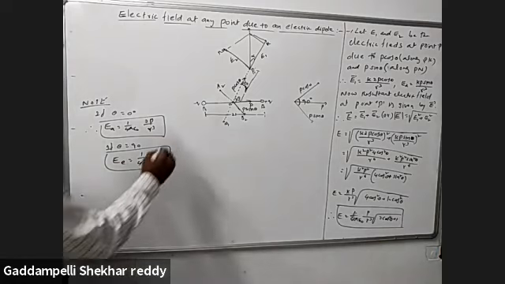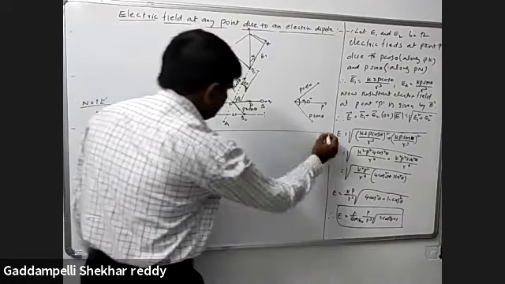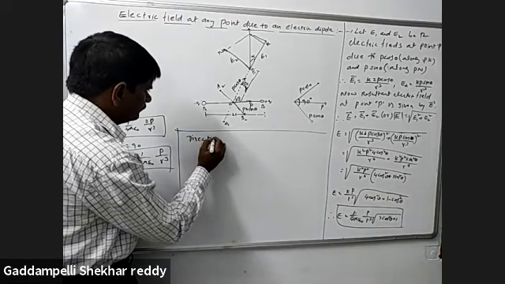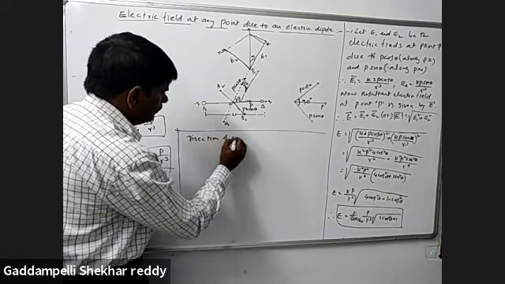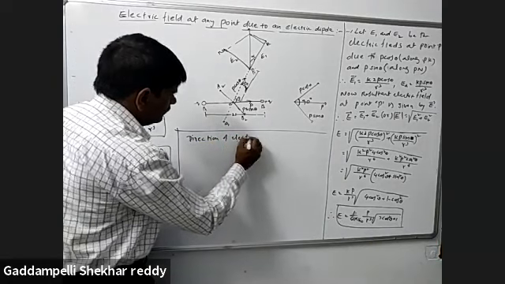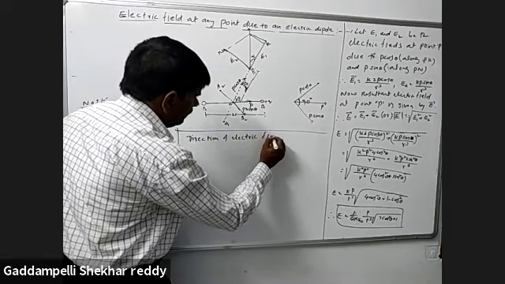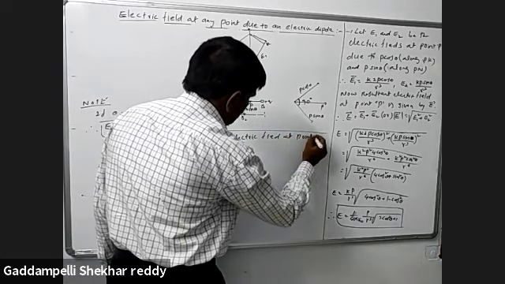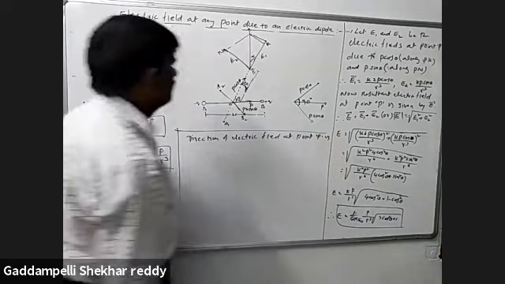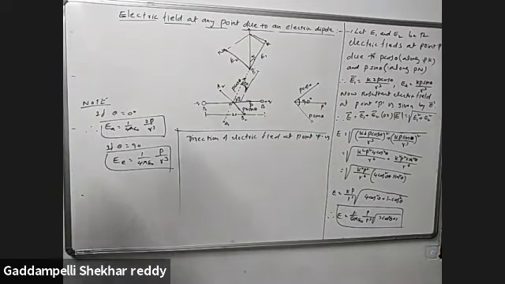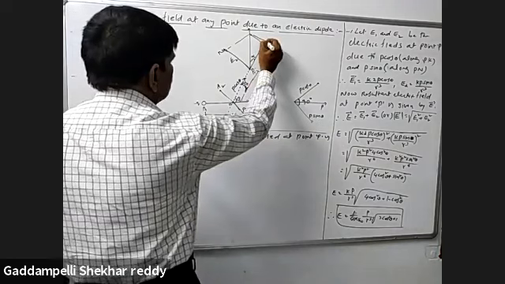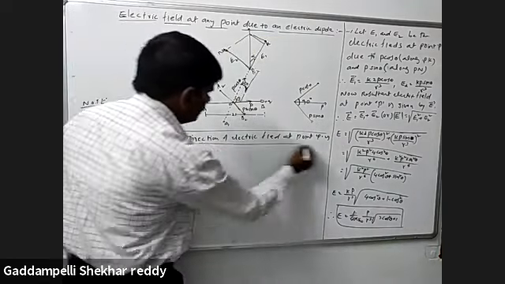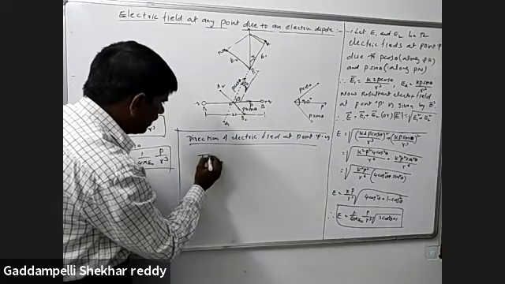Now the direction of the electric field at point P is represented in terms of tan.